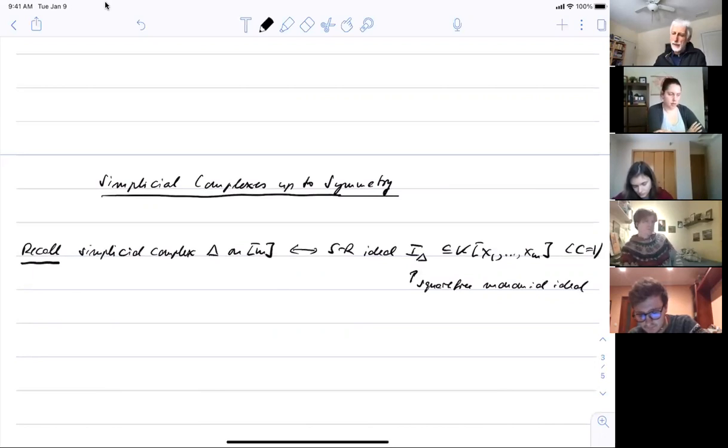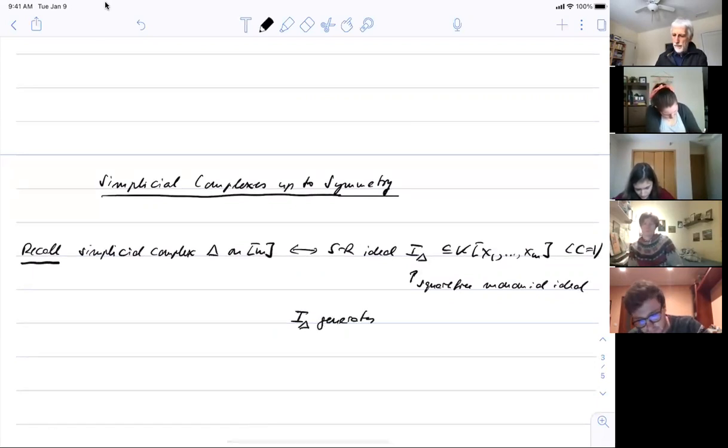And now what we have discussed, we can take any ideal and it generates an invariant filtration.